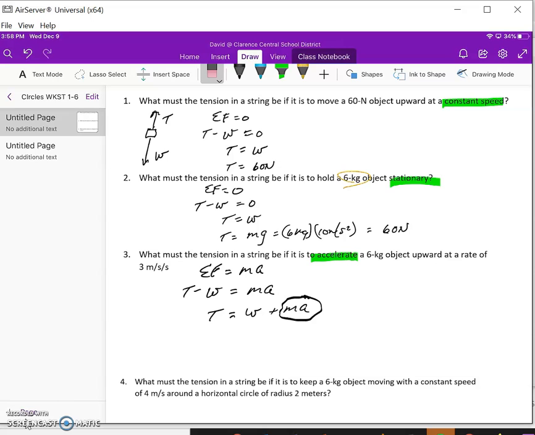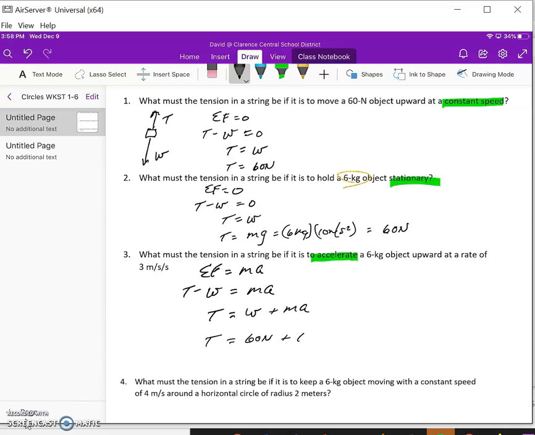If I accelerate this object a tiny bit, I'd put a small number in for a, and I would end up with a number just a little bit bigger than 60 newtons. But as this a number gets bigger and bigger, I'm adding more and more to that 60 newtons to give us a bigger tension force. It all makes perfect sense.